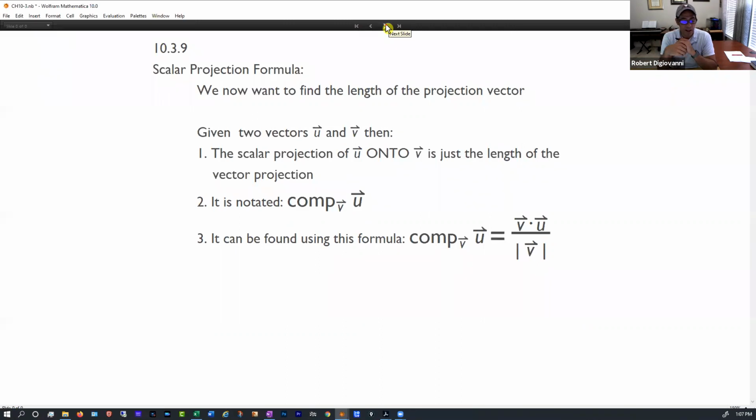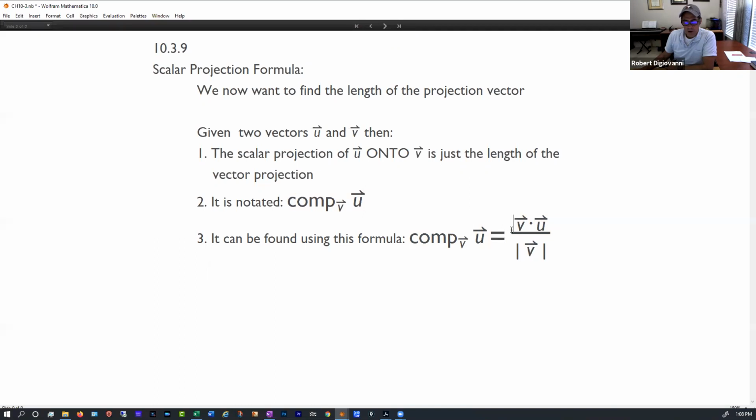It's called the scalar projection, or sometimes it's called the component of U onto V. So instead of the projection of U onto V, we call it the component of U onto V. And the notation is comp, and then the same thing, U onto V here. And the formula is just the dot product of V and U divided by the length of V. So it's a simpler formula than the previous one.